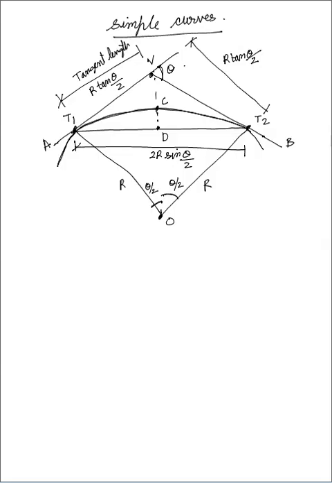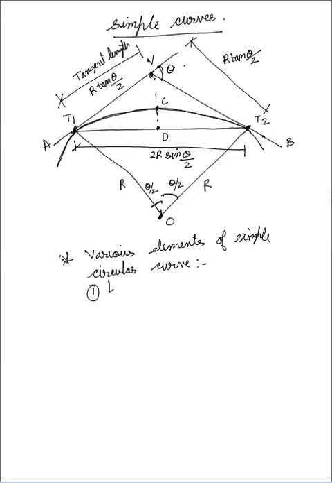Now first of all we will see various elements of a simple circular curve. We know that whenever we are dealing with a simple circular curve, it will be having some radius and there will be one center O. So what are the various elements of a simple circular curve? First is your length of curve.